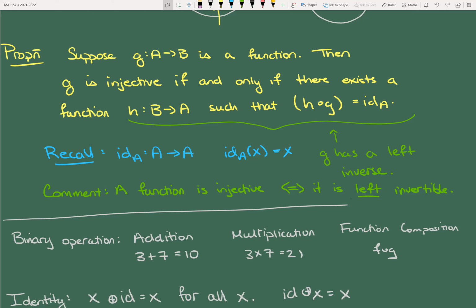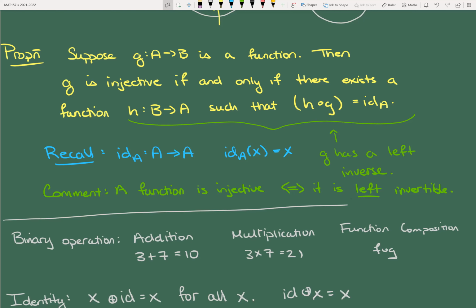And that means that H is surjective, right? Does that make sense? So the left inverse of a function is the right inverse of its inverse, right? If we look at H composed G is equal to the identity, H is a left inverse for G, but G is a right inverse for H.